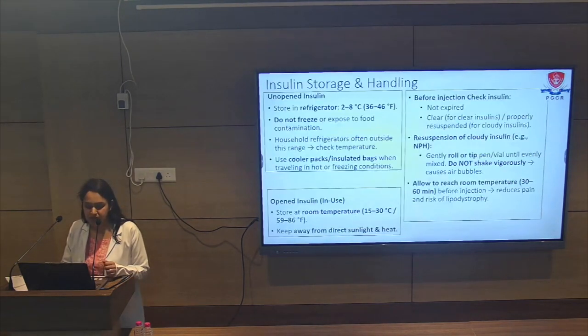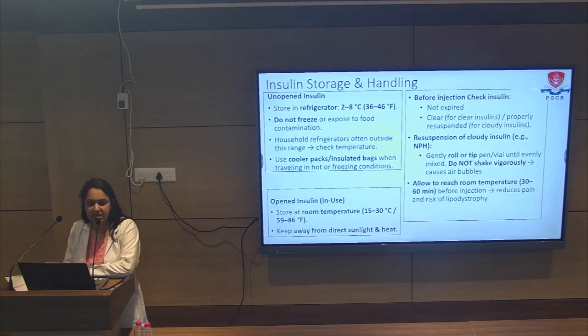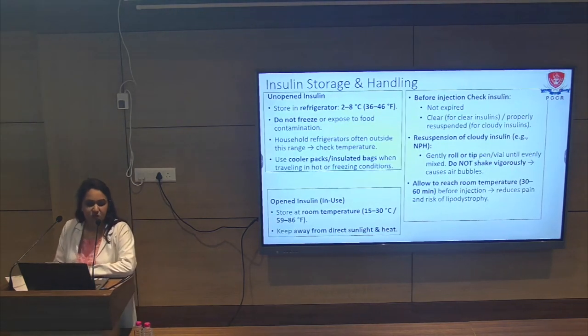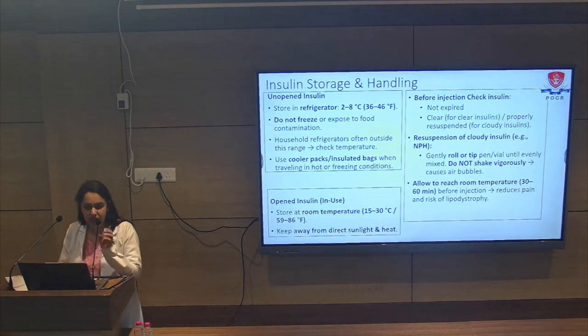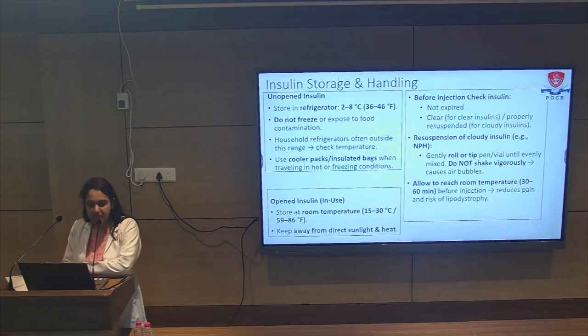Now, insulin storage and handling: the unopened vials should be stored in a refrigerator at 2 to 8 degrees Celsius. We do not freeze or expose to food contamination. Household refrigerators are often outside this range, so we should always check the temperature. Use cooler packs or insulated bags when traveling in hot or freezing conditions.